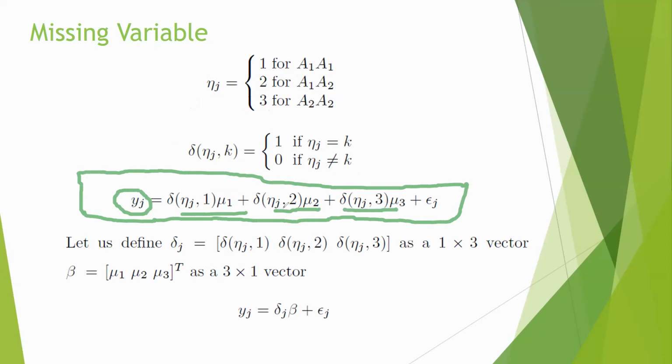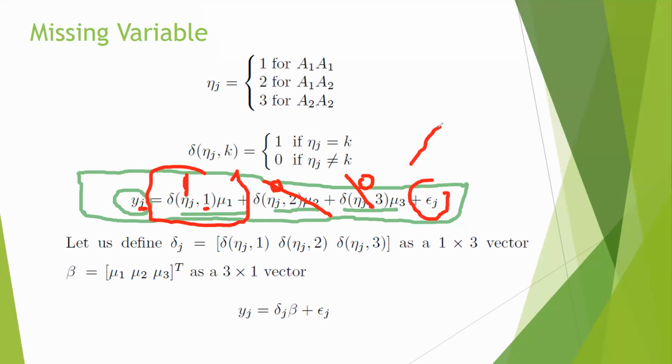This is a mixture. If this j comes from the first group, then only this one equals 1, and this one equals 0, and this one equals 0. So if you simplify this, this is gone, this is gone, leaving only this and this part.